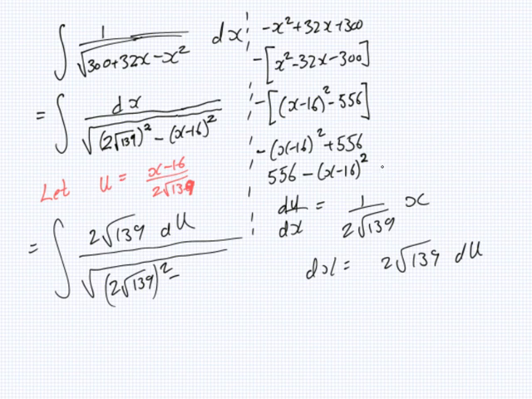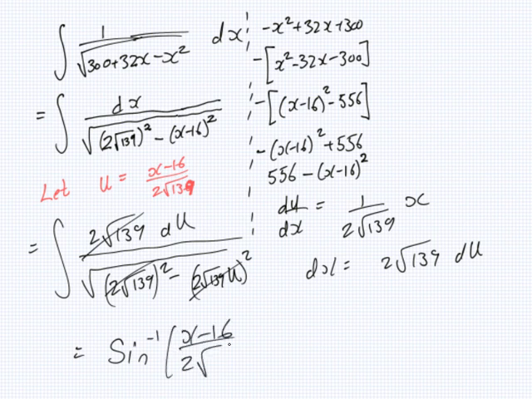Look, x minus 16, what's that equal to? U times that. So this will be 2 root 139 u. Yes, as predicted, you can take this out, and because it's squared and square rooted, you're left with this, which will cancel that. So, yep, as I thought, they do all cancel, and you are left with sine inverse u when you integrate. So that's sine inverse x minus 16 over 2 root 139 plus c.